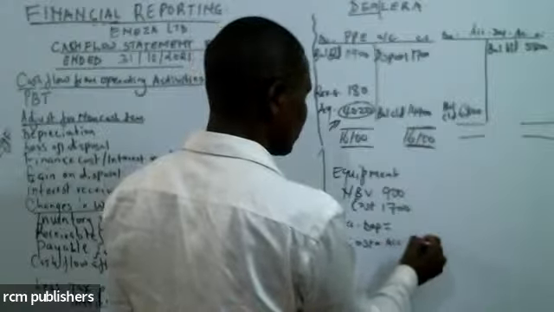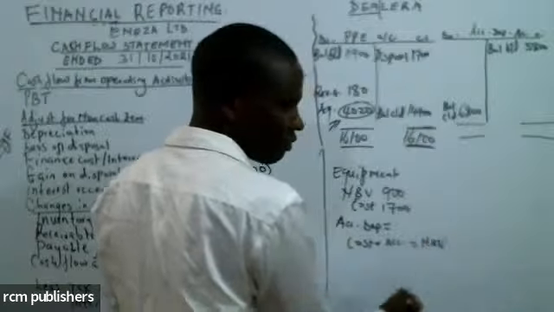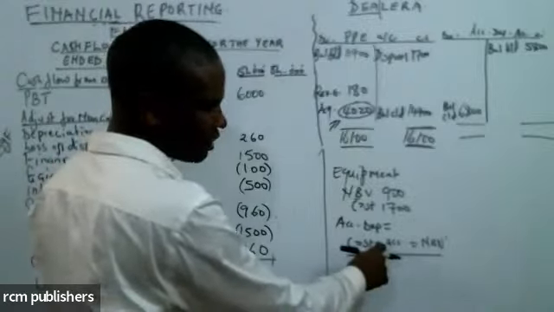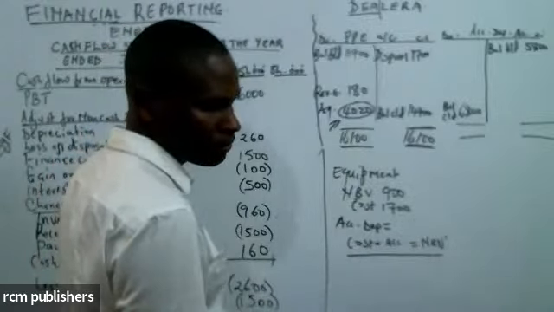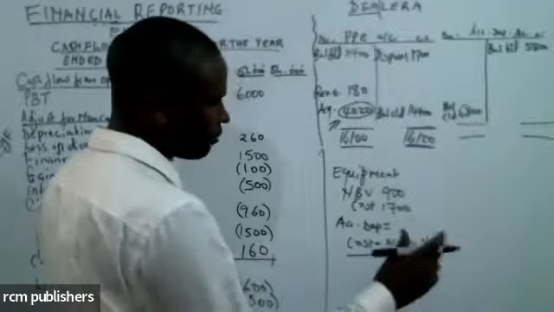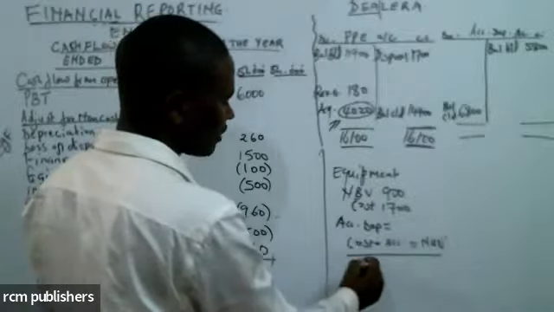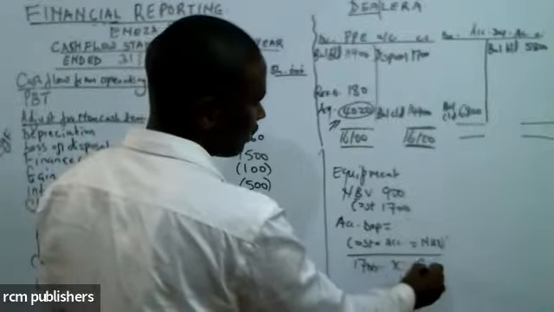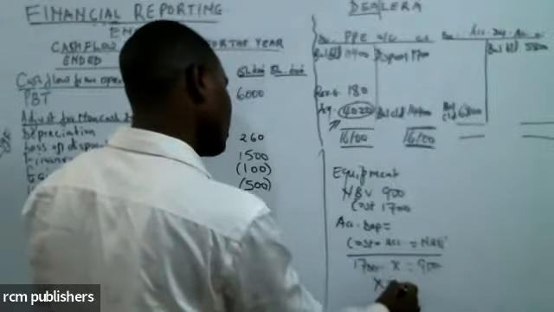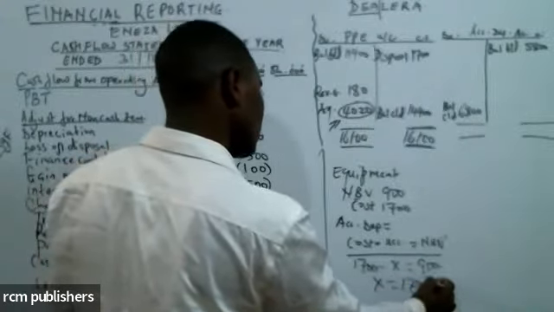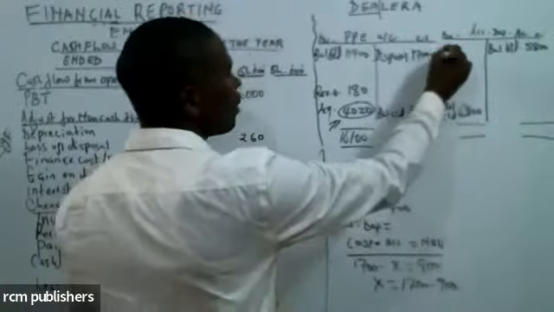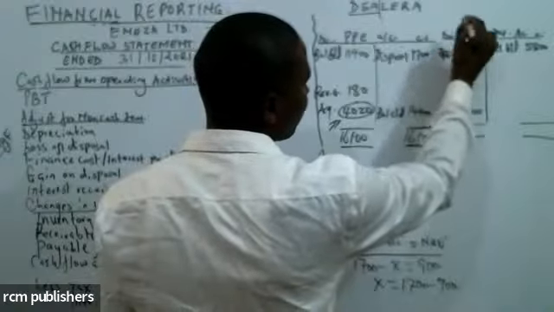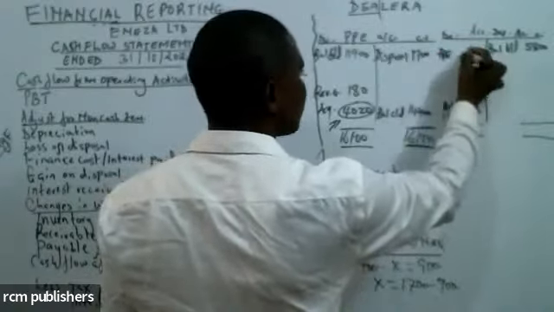True or false? Please confirm for me. This one you did on the foundation level. True or false, class? Yes. Now, if that is the case, I just replace my cost, 1,700 minus X is equal to 900. Is it possible to get our accumulated depreciation? Yes, 1,700 minus 900. Now, this accumulated depreciation will be on this side, and imetoka wapi? Kwa PPE. Imetoka kwa equipment, that is 800.